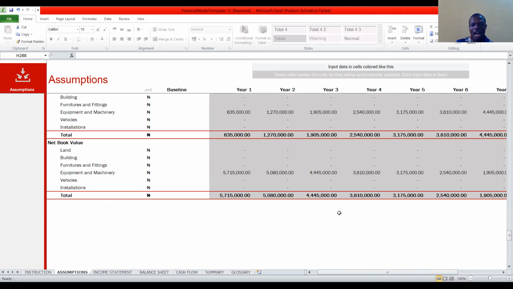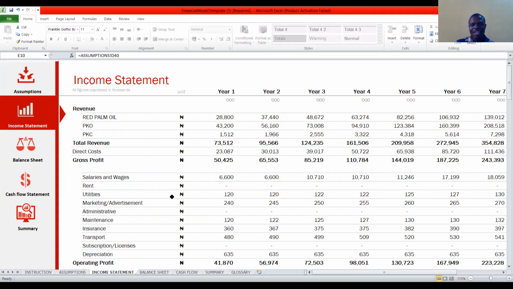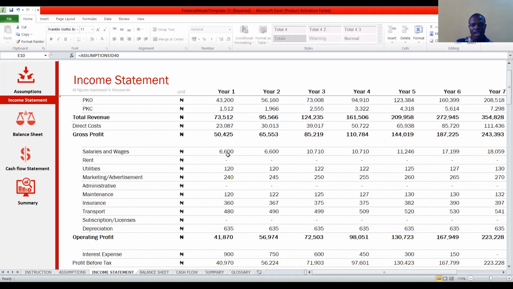So what you need to do now is to ask yourself, what is the outcome of my projection? Is it feasible? Is it realistic? Is it viable? How do you know? Come to your income statement. From what you have done so far, this person is going to be generating 73 million naira in 1 year, and direct cost is 23 million.